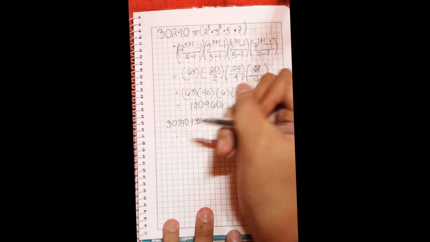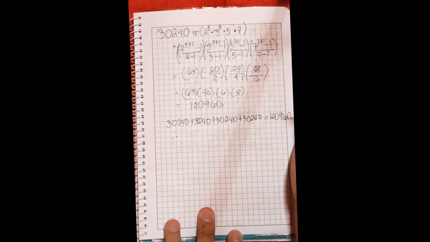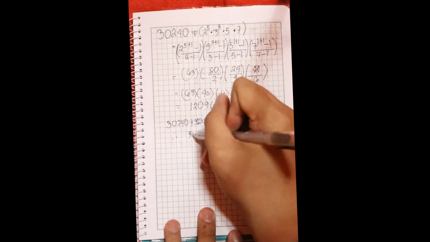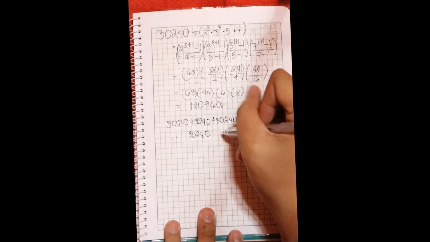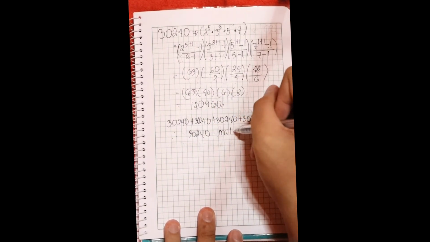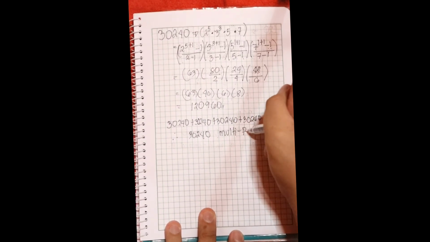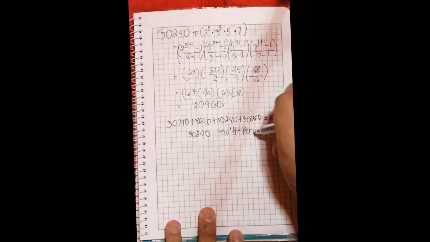We can therefore conclude that 30,240 is a multi-perfect number because it satisfies the definition.